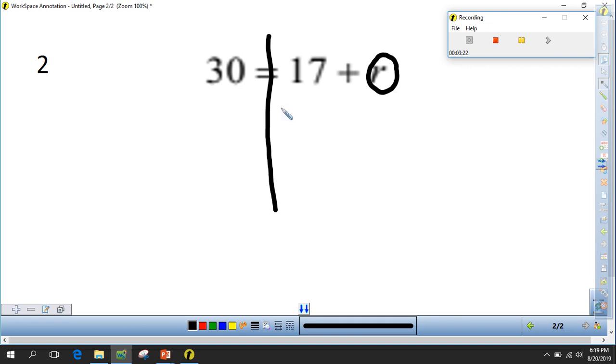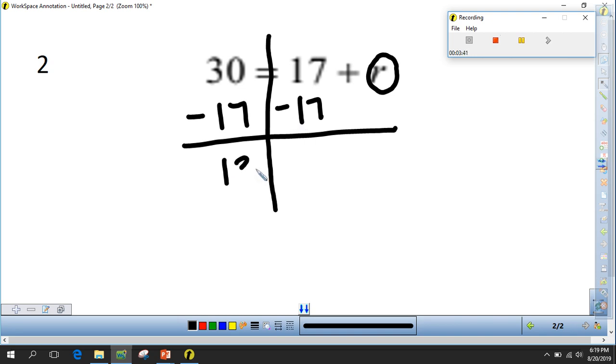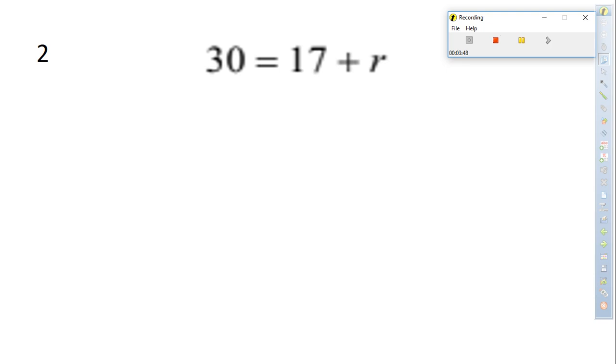Well, if I have 17, to get rid of it, I would subtract 17. If I do it to one side, I have to do it to the other. 30 minus 17 is 13 equals 17 minus 17 goes away, and my r just comes down. So 13 is equal to r.